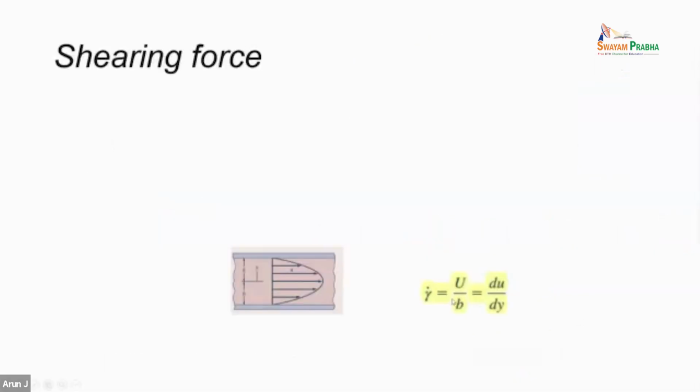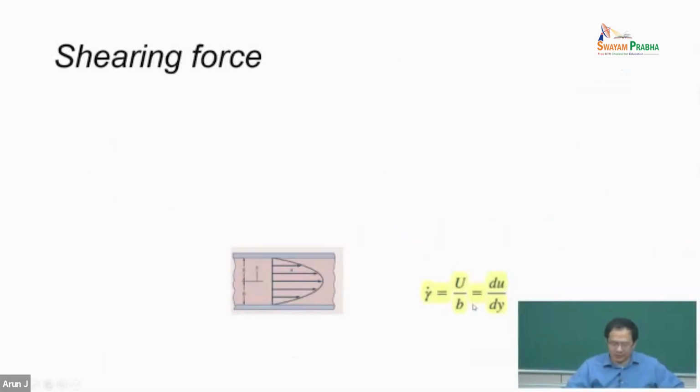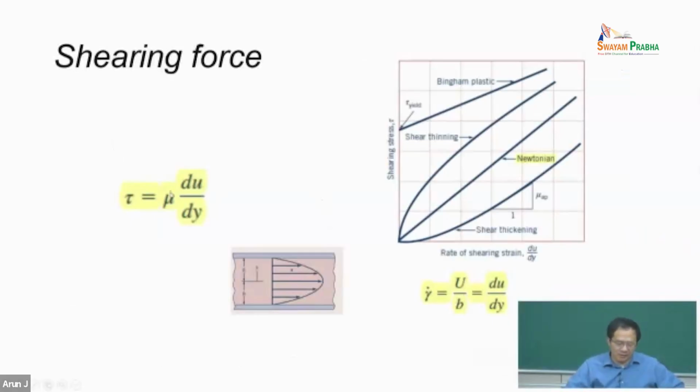This will give you the shearing force, and it is different: it is a function of the rate of shearing strain. This is Newton's law of viscosity, and again it is an approximation. This mu does not need to be constant; it can be a function of this force. If mu is constant, it is Newtonian flow.